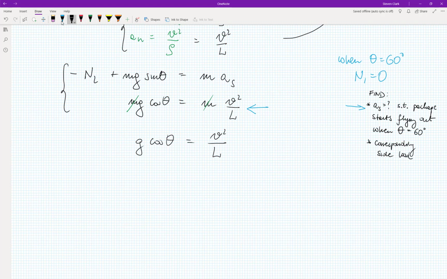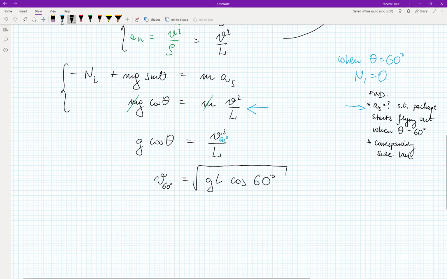So you can see that our v at 60 degrees is equal to the square root of gL cosine 60 degrees.